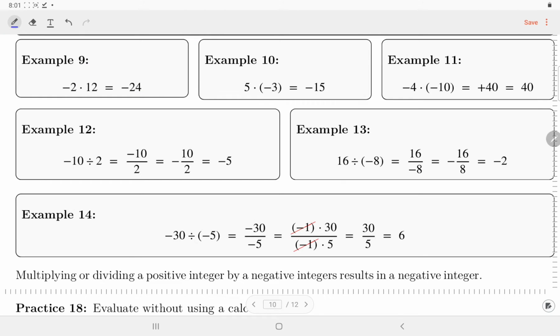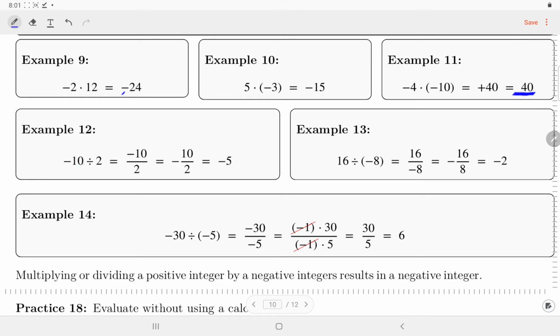Let's check some examples. Negative 2 times positive 12 is negative 24. Positive 5 times negative 3 gives negative 15. Negative 4 times negative 10 gives positive 40.